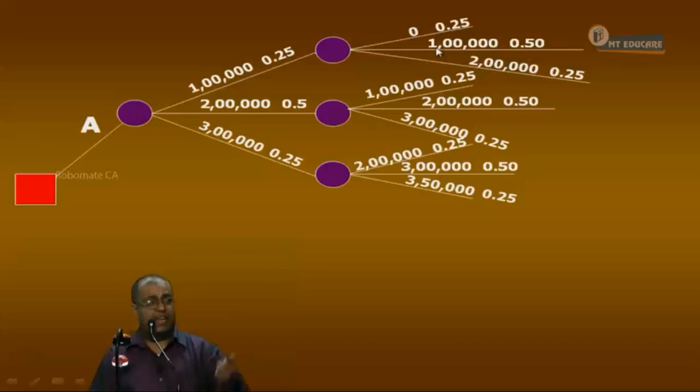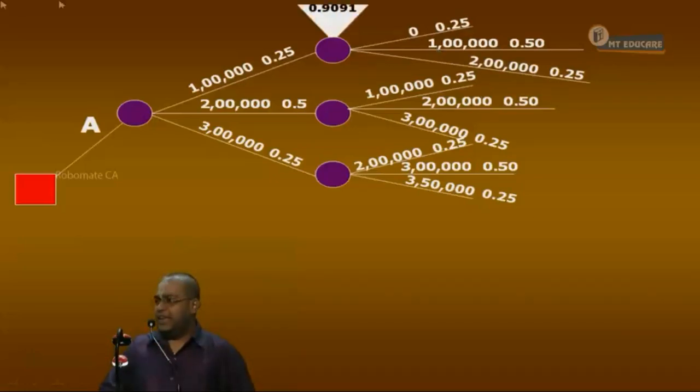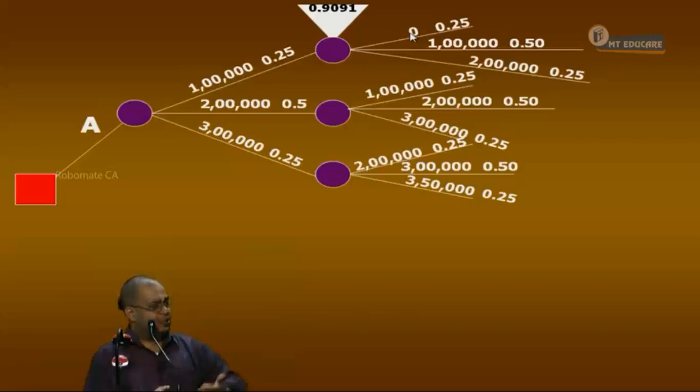Second year. Into 0.9091, this is going to be how much here? 90,910. I write it in lakhs, 0.9091 lakhs. 90,910 is the second year expected cash flow in first year terms. Yes or no? Now, don't worry, I'll discuss fully and then we can just do it once again. Can I say it?